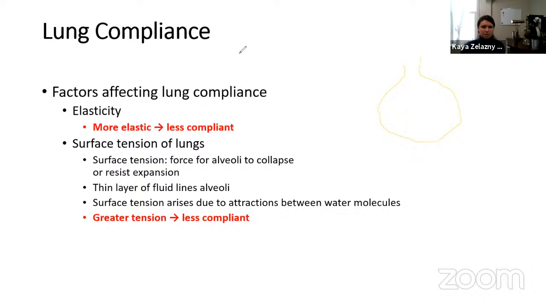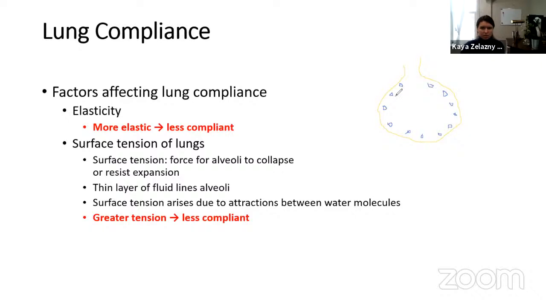The surface tension is due to the fact that the inside of the alveolus does contain air, but these membranes are wet. They have a thin layer of fluid lining the alveolus. So let's pretend these are water molecules. When you breathe, the air is maybe a little humid, maybe a lot humid, but regardless, there's going to be water vapor in it. So we've got a fluid layer lining the alveoli.